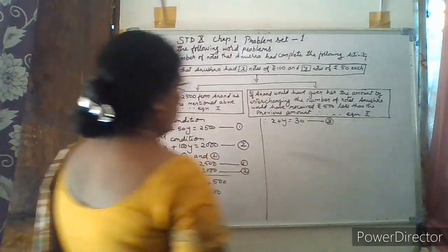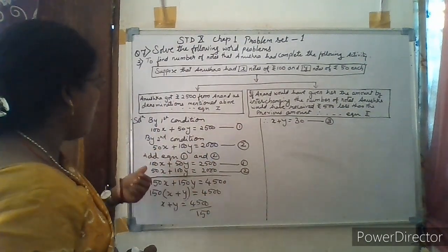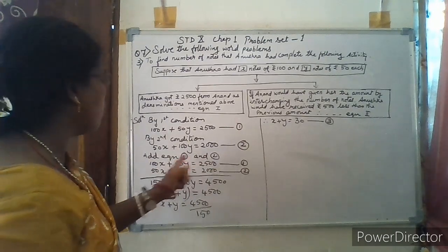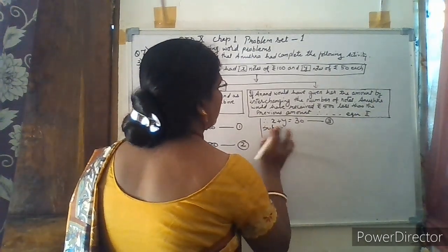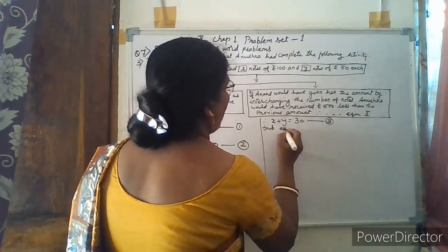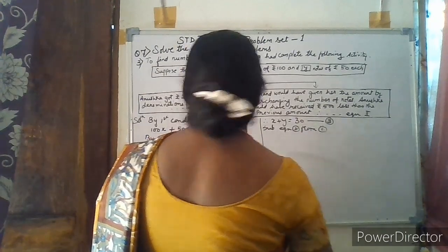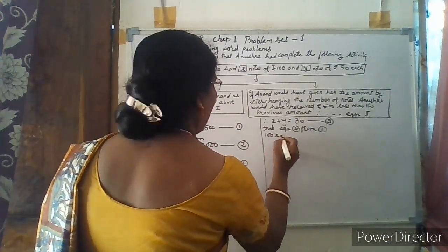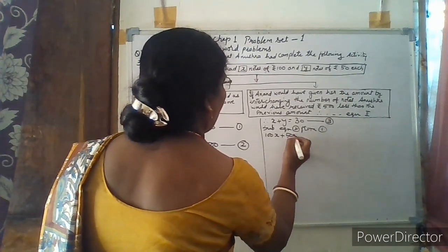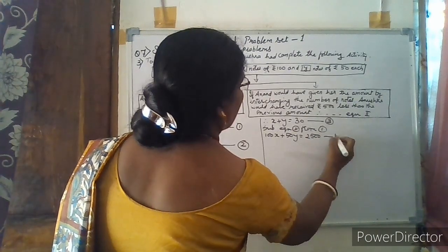Now in the same manner as we have added equation 1 and 2, now we have to subtract equation 2 from 1. But we have to write in the same manner. 100x plus 50y is equal to 2500, equation 1.